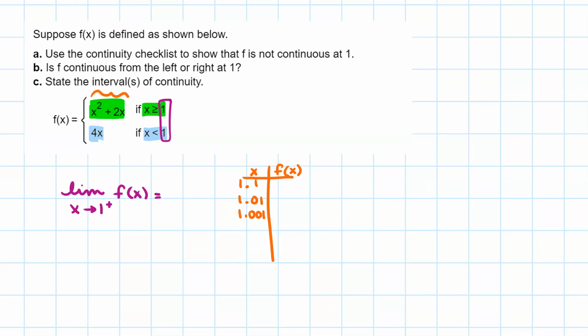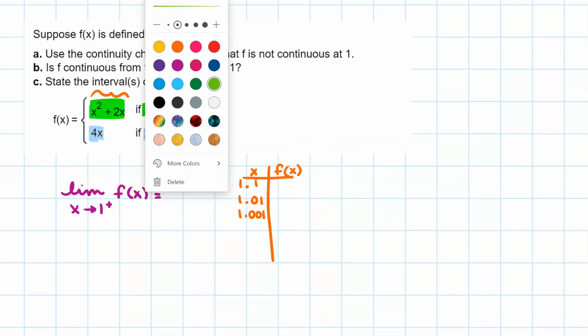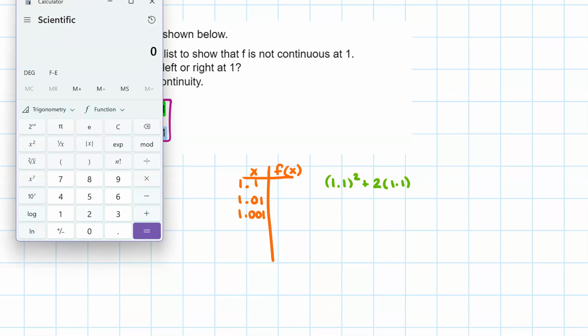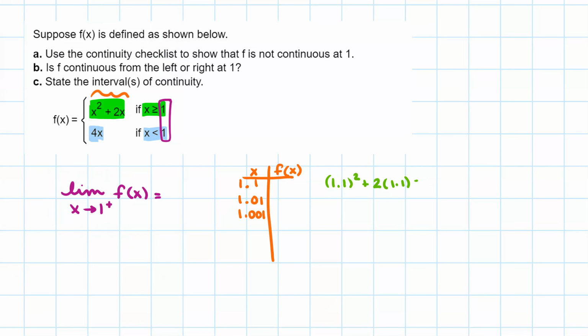So as we go towards 1 from the right, we have to use the green function to calculate. So we're going to do 1.1 squared plus 2 times 1.1. So I get my calculator out here. I'm going to do 1.1 squared plus 2 times 1.1, and I get 3.41.